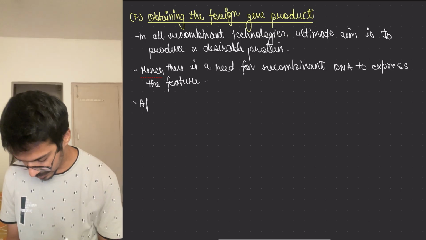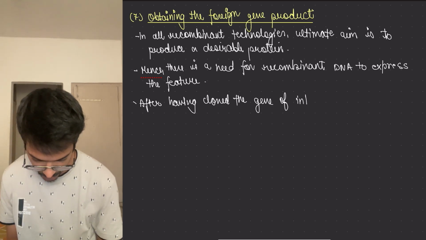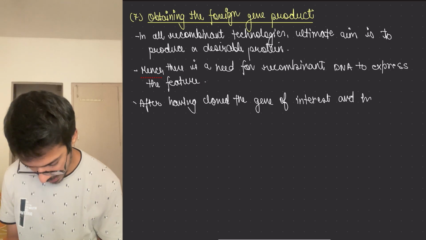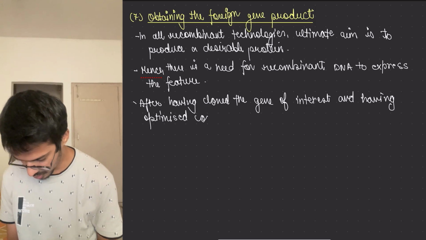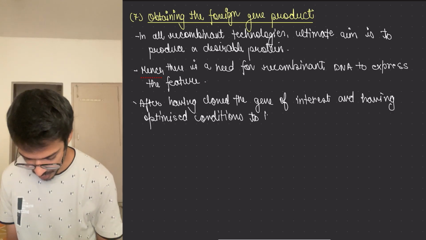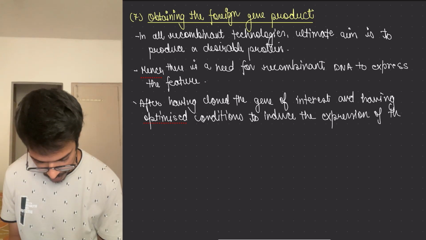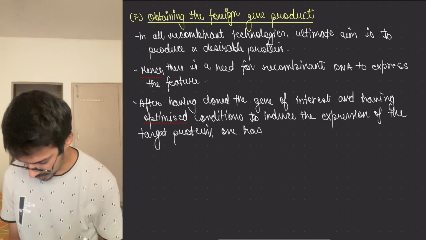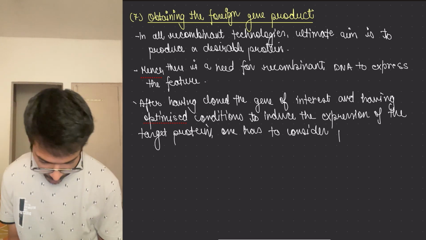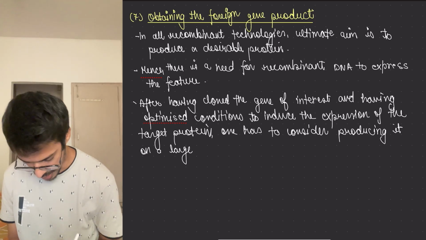Okay, so after having cloned the gene of interest and having optimized conditions to induce the expression of the target protein, one has to consider producing it on a large scale.